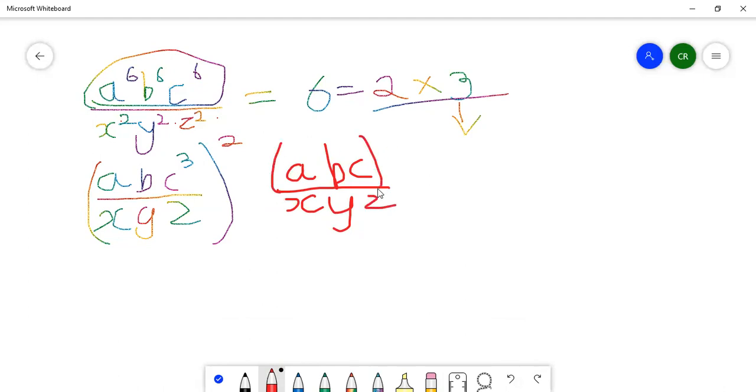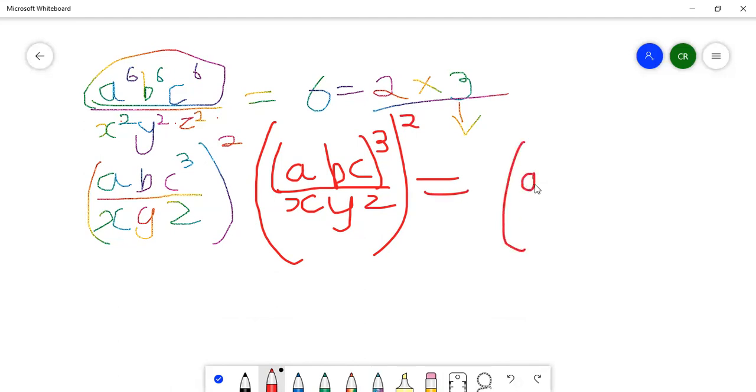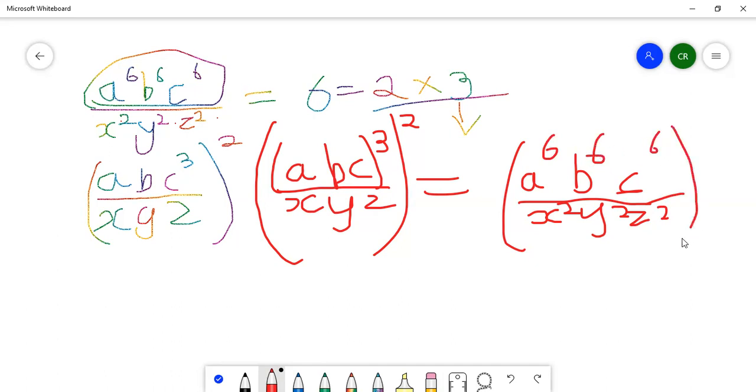Here a, b, c will be in a bracket, and then you will write 3 whole raised to power 2, which is nothing but a, b, c upon x, y, z to the power 2, 2, 6, 6, 6. It's the same, right? You got your full marks. Okay?